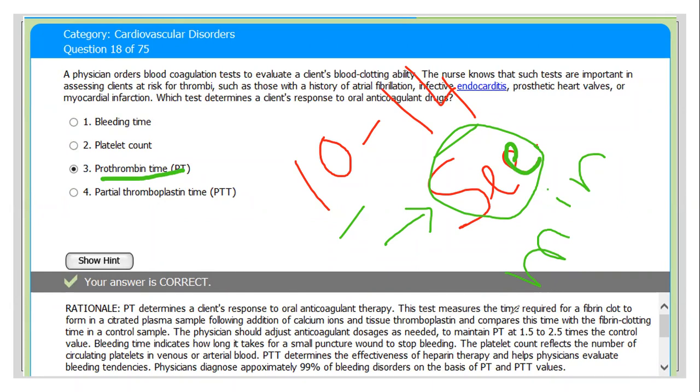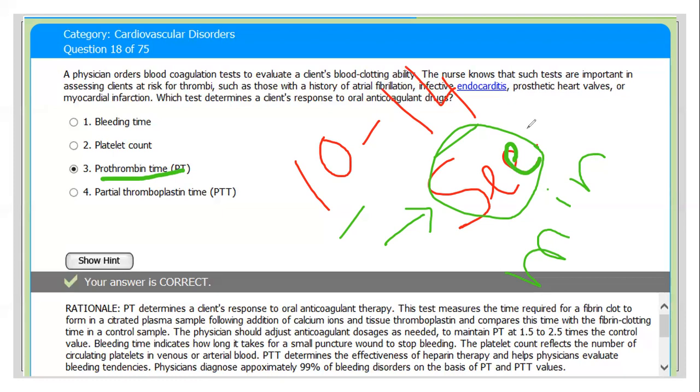The test measures the time required for a fibrin clot to form in a citrated plasma sample following addition of calcium ions and tissue thromboplastin, and compares this time with the fibrin clotting time in a control sample.